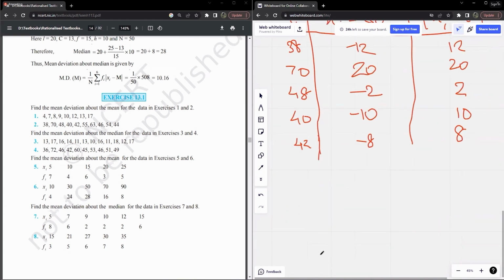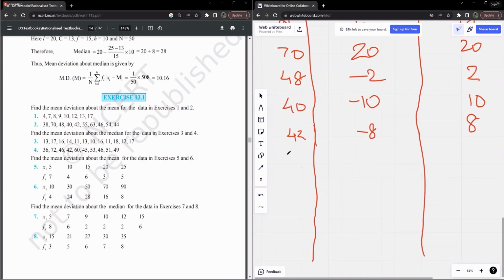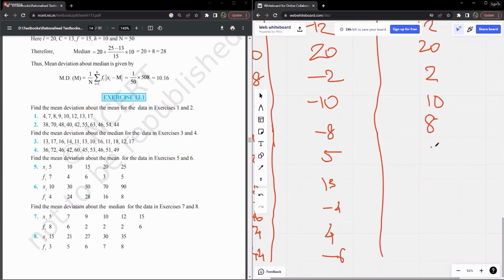And then the last five numbers: 55, 63, 46, 54, and 44. Doing the minus 50 thing, I'm going to get a 5, a 13, a minus 4, then a plus 4 and a minus 6. Taking absolute values, I have 5, 13, 4, 4, and 6.